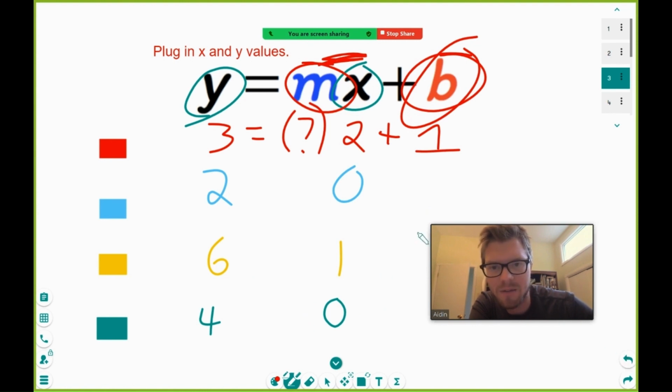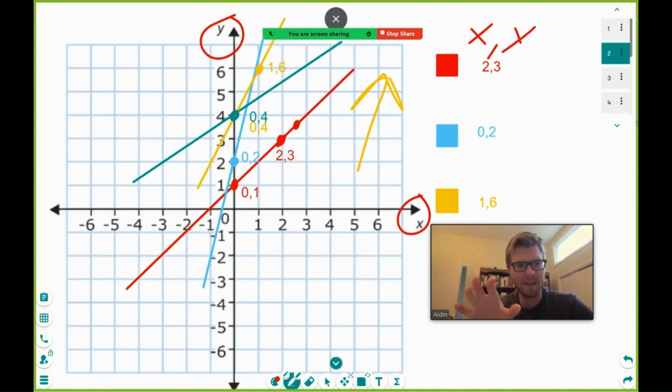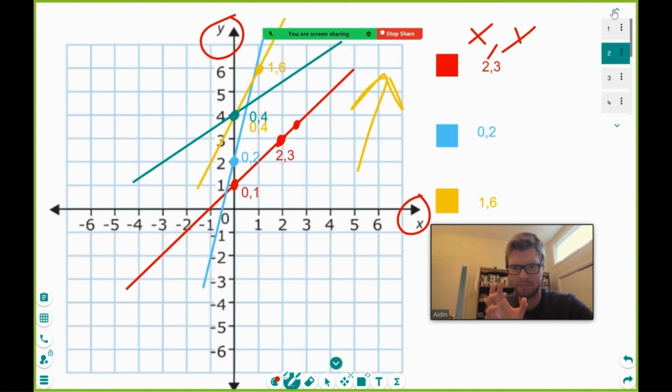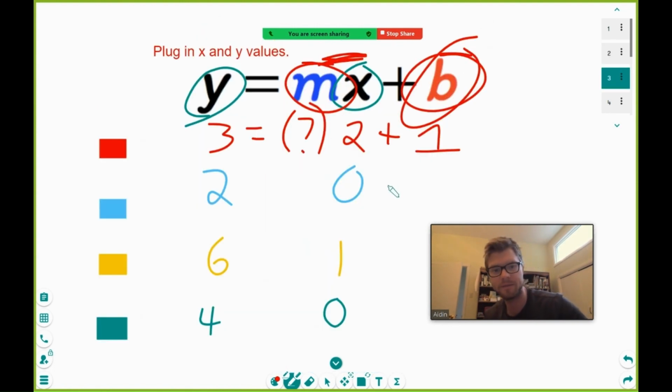Okay. 3 equals m, some number, times 2 plus 1. So that is the equation of that red line. Let's go to blue. Blue, we can see that the y-intercept is at 2. So we put in that 2.